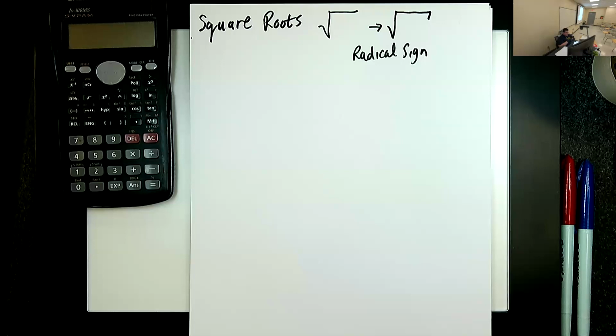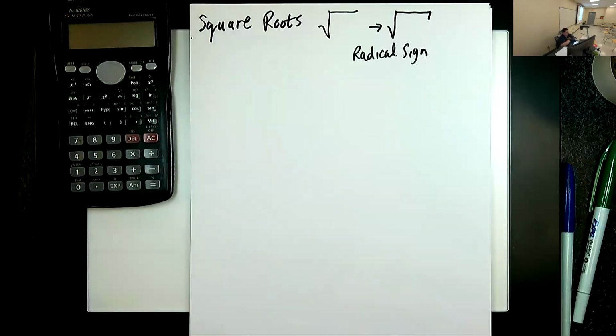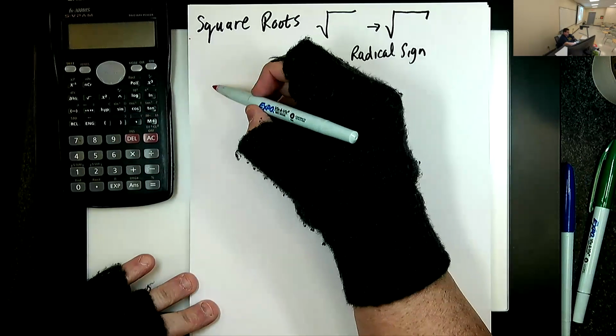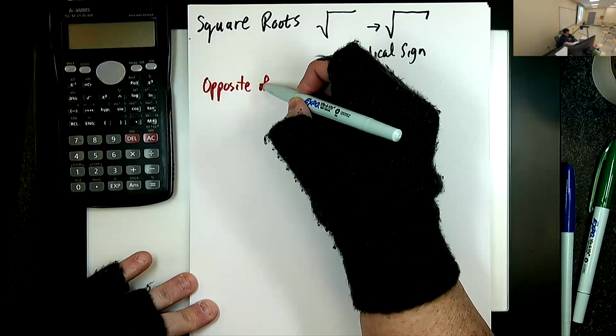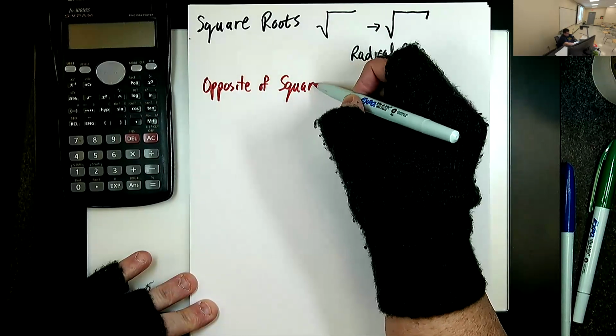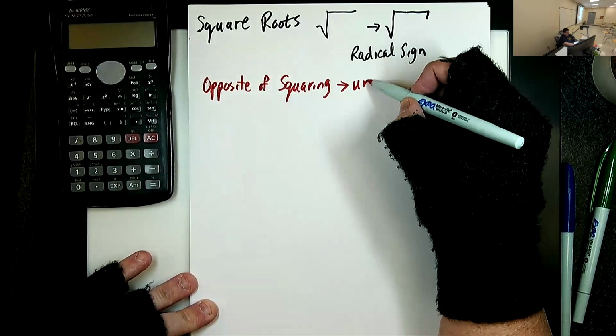So what do square roots do? They do the opposite of squaring. Or really, it undoes squaring.